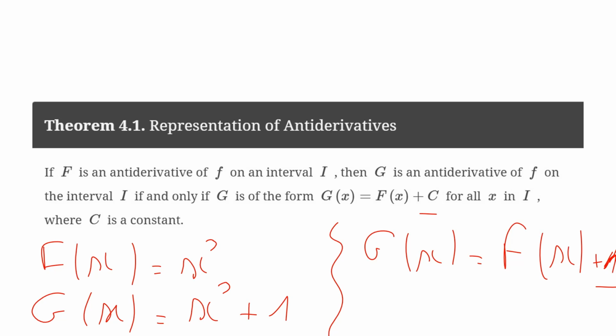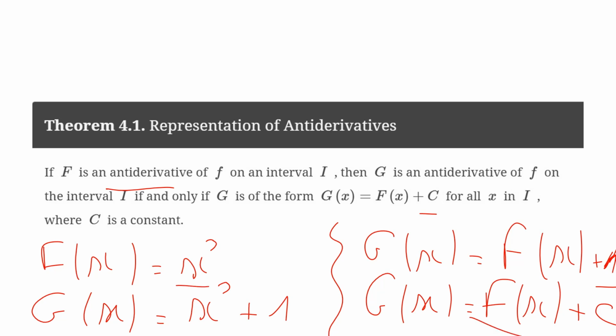So I can write the general formula for antiderivatives as just G of x equal to F of x plus a constant, where F of x is just the most obvious solution for the antiderivative that we usually find.